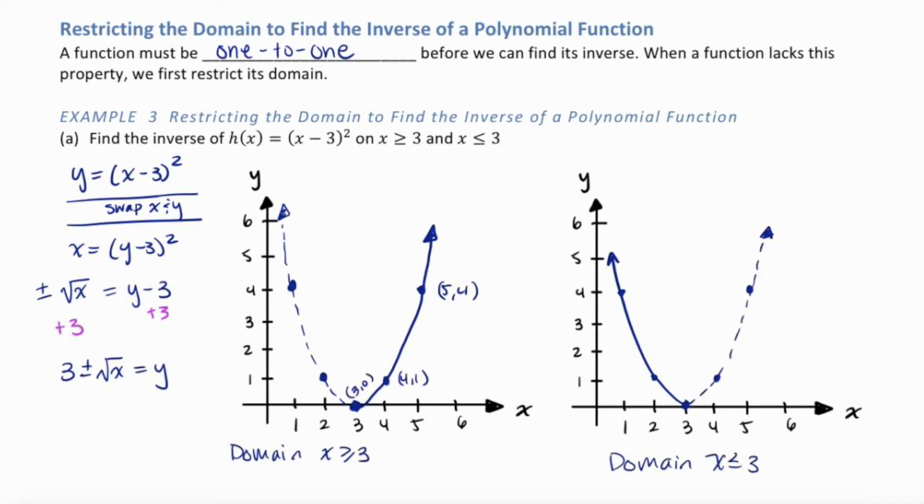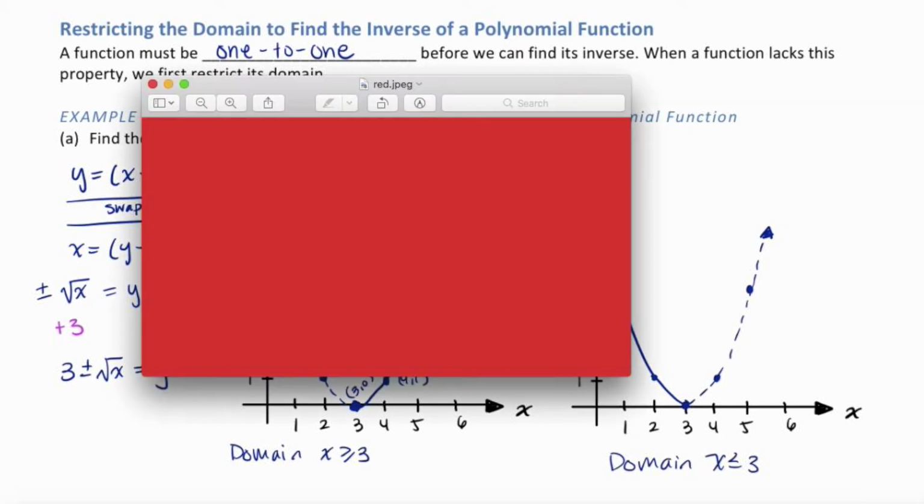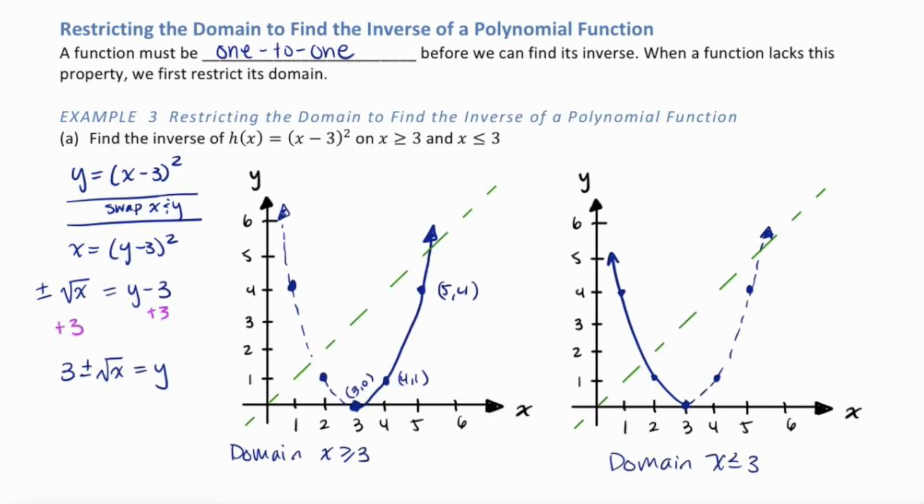And let's go ahead and sketch our graph of y equals x as best we can. All right, as you can see, I now have the graph of y equals x sketched in both cases.